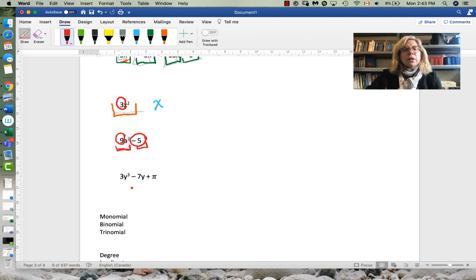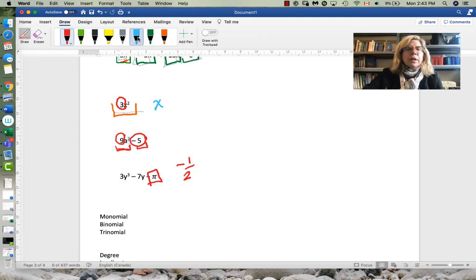What's the constant here? Well, the constant is pi. You can have pretty much anything for a constant. You can have minus a half, you can have pi, whatever. It doesn't matter that it's not a rational number.